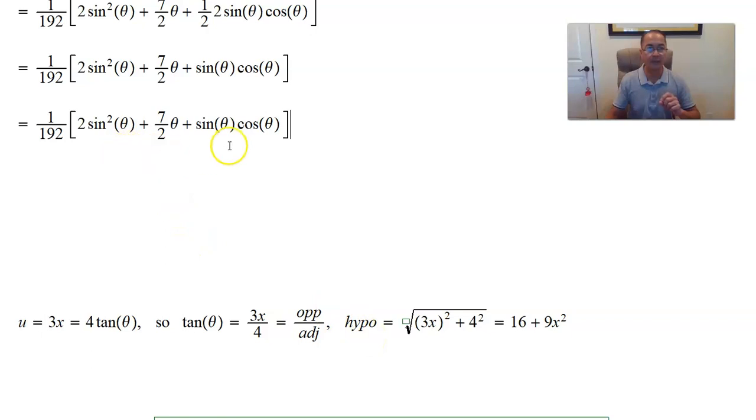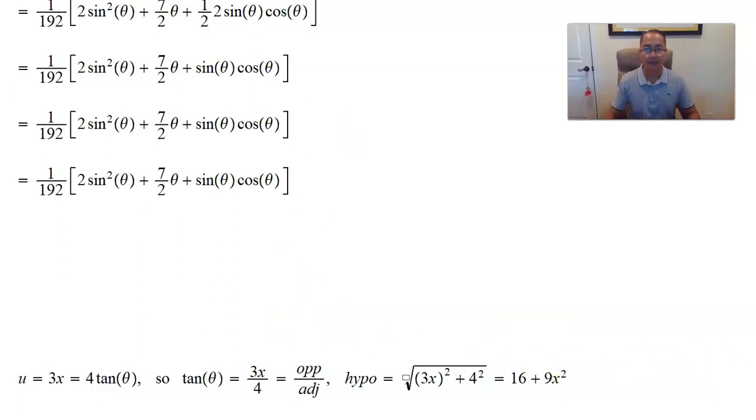We want sine and cosine, so that's fine. Oh, we also need theta. Well, theta, of course, we will need an inverse tangent function. So theta is arctan of 3x over 4. Okay, so we're almost done.